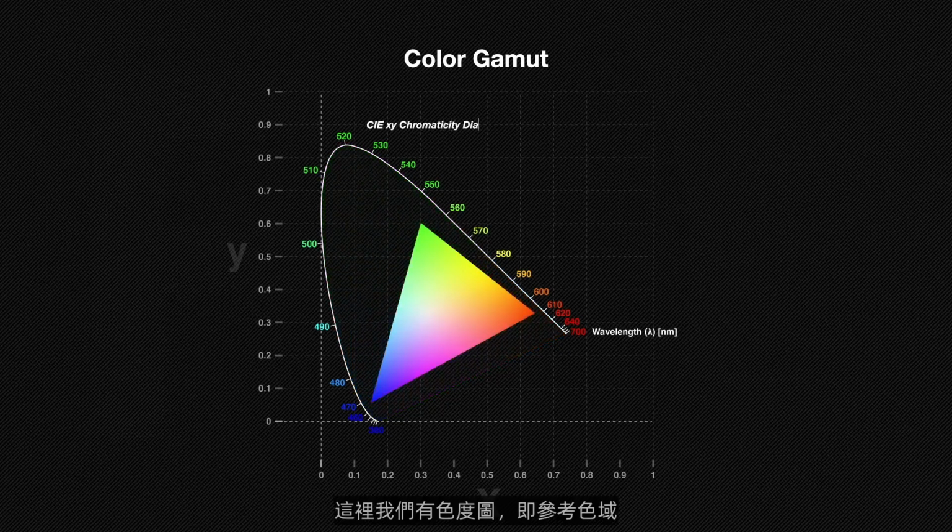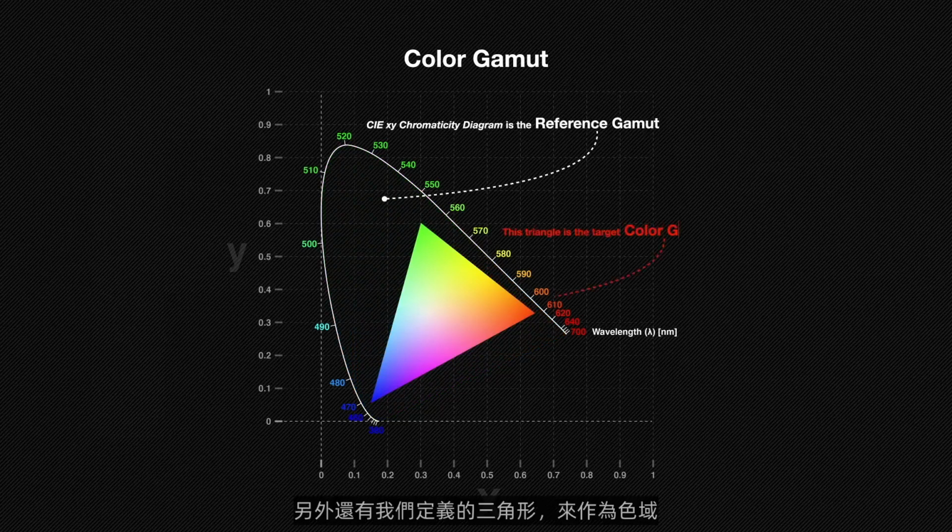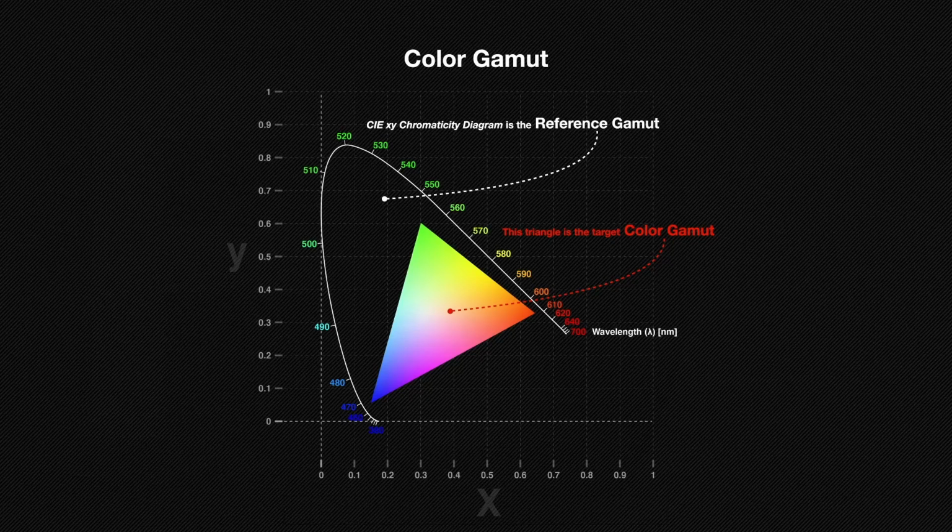We have the chromaticity diagram, that is the reference gamut, and we have the triangle we define as our color gamut, which is, by the way, within the spectral locus. That means this color gamut is entirely visible by humans.